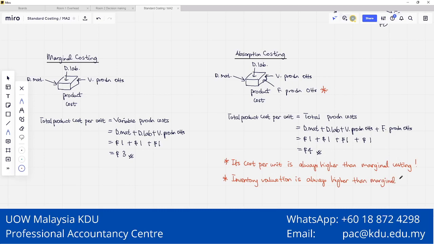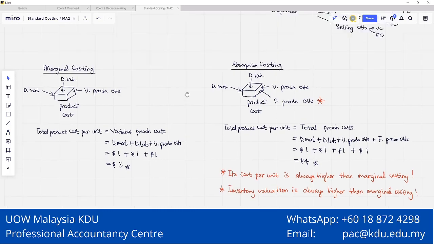Why can we say that it's always higher? Because the cost per unit is higher. You are using the higher cost per unit to value the same quantity of inventory. Definitely, absorption costing will show you the higher inventory valuation. This is the main difference between marginal and absorption costing.